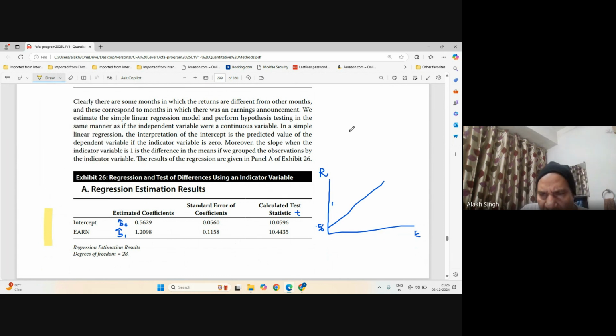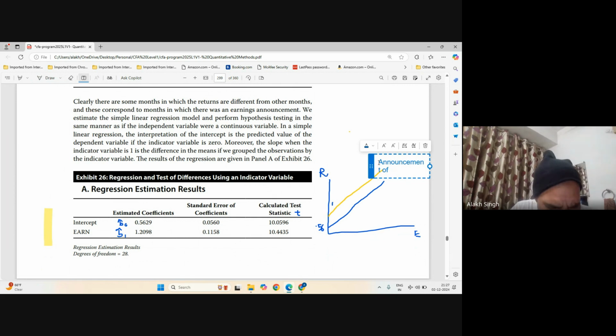This one is with announcement, when the dummy variable is equal to 1.